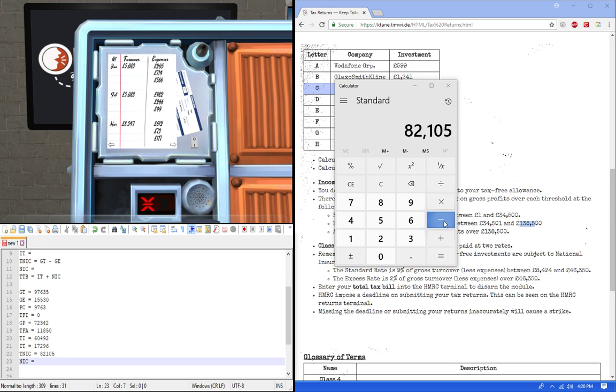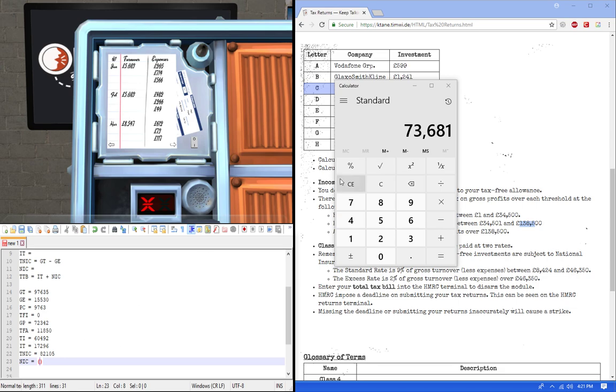So we're going to take this and subtract by 8,424. This gives us 73,681. And since this was over the 46,350 threshold, we're going to take our 46,350, subtract it by the 8,424 threshold that we've already crossed before, and we're going to, let's see, is it 3413 is what I believe.